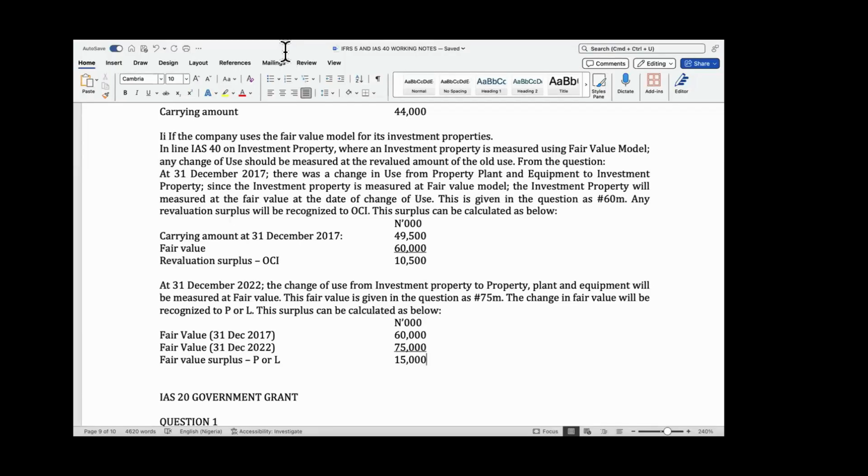No, we depreciate under IAS 16. We depreciate it. Okay, sir, thank you. It's just the fair value model that we don't depreciate.